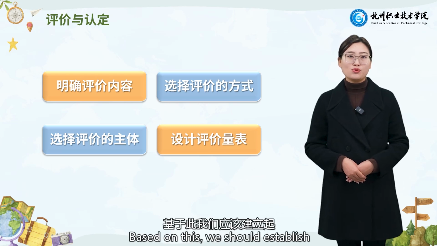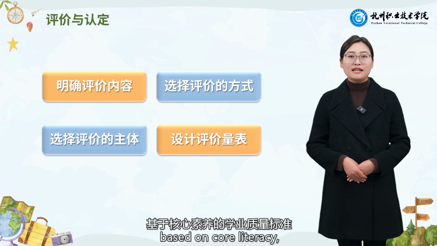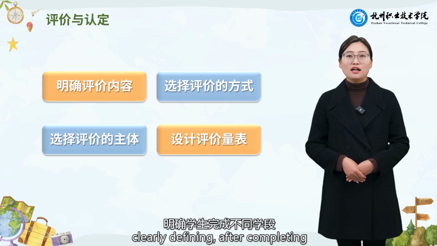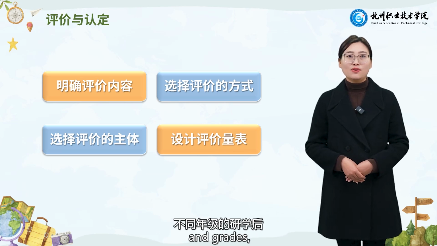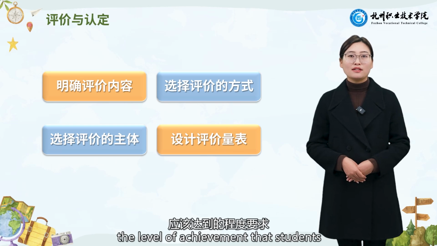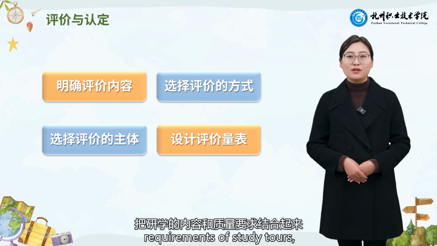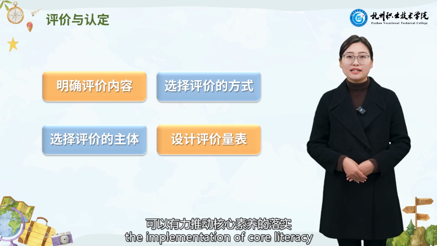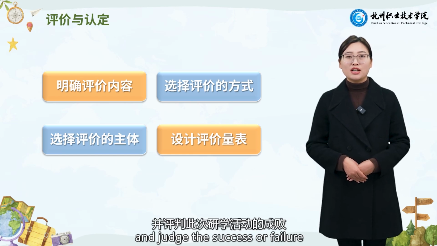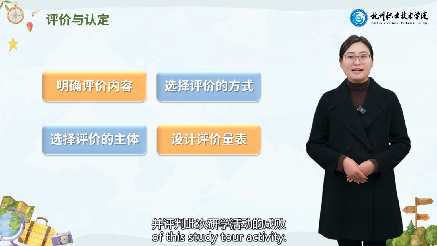Based on this, we should establish academic quality standards based on core literacy, clearly defining the level of achievement that students should reach after completing study tours at different stages and grades, combining the content and quality requirements of study tours, which can effectively promote the implementation of core literacy and judge the success or failure of the study tour activity.